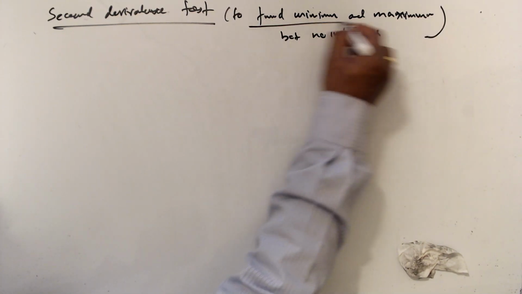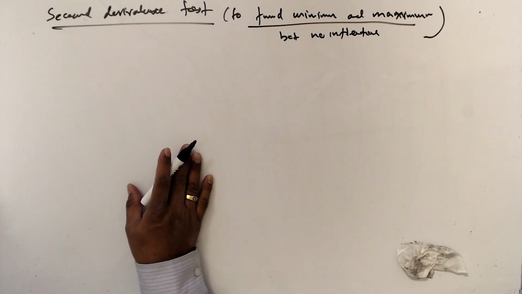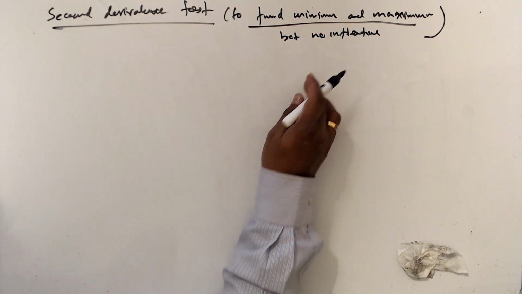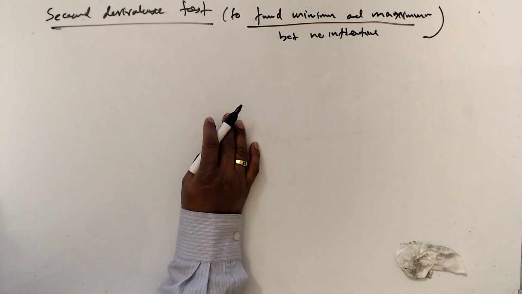You can only find minimum and maximum. You can't find an inflection point through it. So what do you need to do?